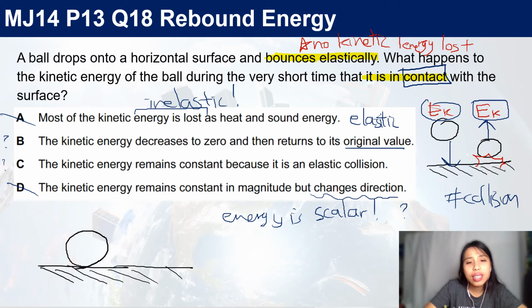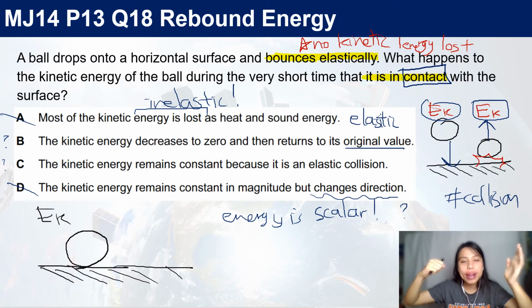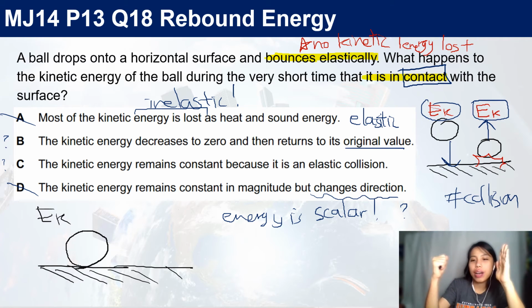What happens to the kinetic energy? Well, you could say it starts off with some EK, but there will be a moment when it's not moving at all. If you feel like, are you sure, miss? Go and check out slow-mo videos of colliding objects. There will be a moment, a very short time, where my fist, let's say, collides, does some weird thing and then rebounds.